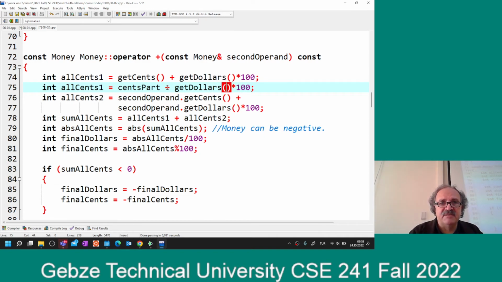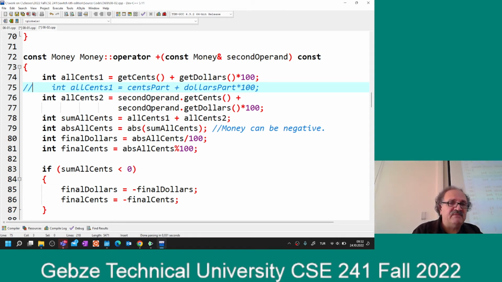And dollars part. Okay, but I don't like this. Why? Because I am trying to enforce this principle of least privilege. Okay, I am not going to access my private data directly. I am going to use the public interface. Even though I can, okay, I am not going to do that.